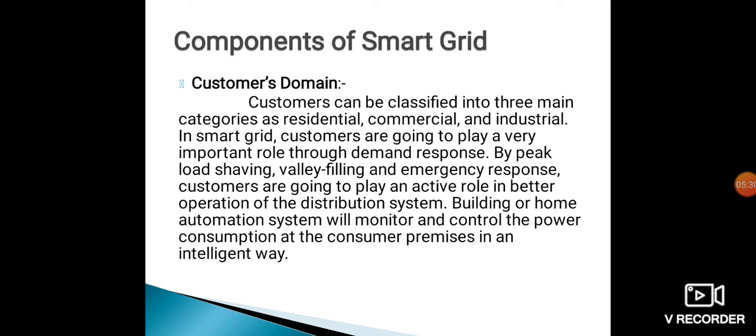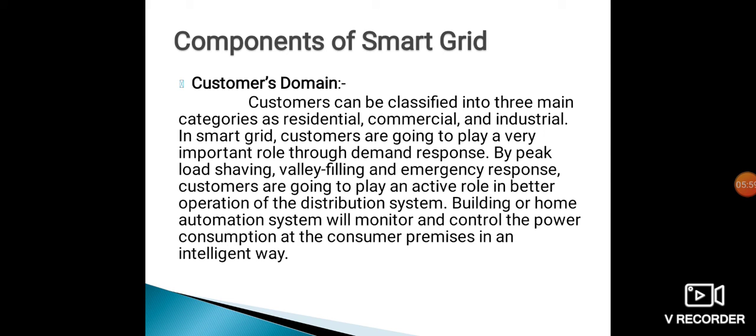By peak load shaving, valley filling and emergency response, customers are going to play an active role in better operation of distribution system. That means in each and every point, at each and every condition, customers are the key factor which plays a major role for the better operation of the distribution system.